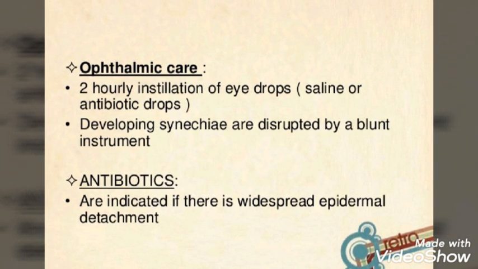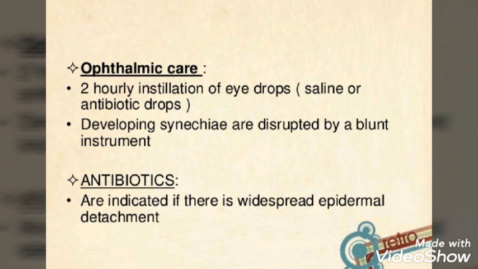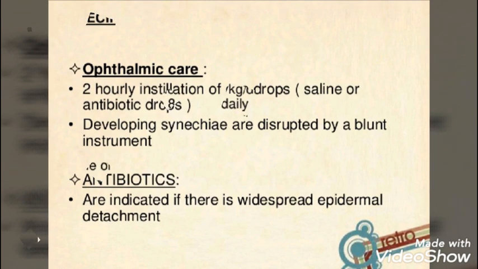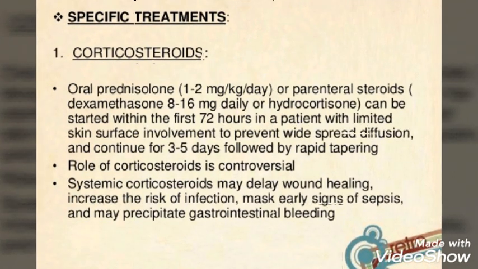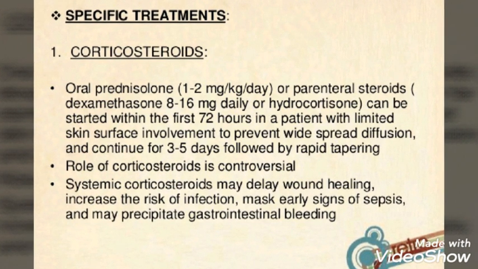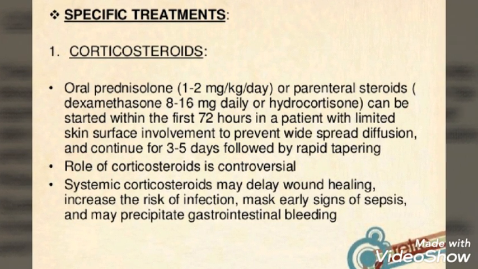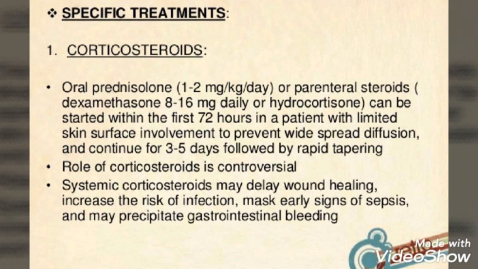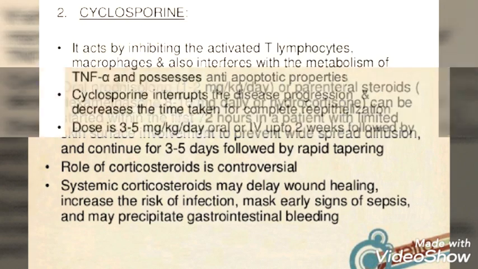Then antibiotics are administered on the order of the doctor, and some specific treatments are given, like corticosteroids. I have already told you corticosteroids are given to reduce inflammation. In that, oral prednisolone is given to the patients. Then next is cyclosporin.